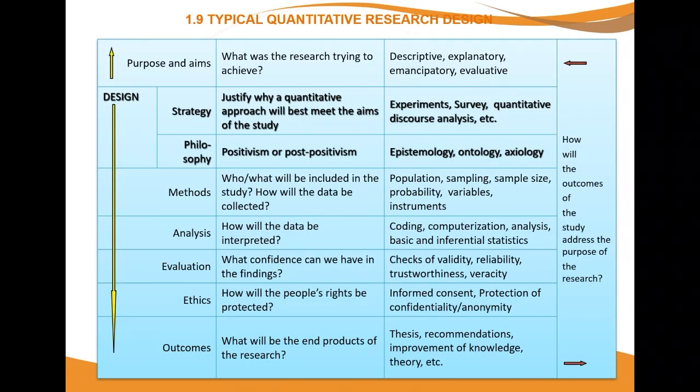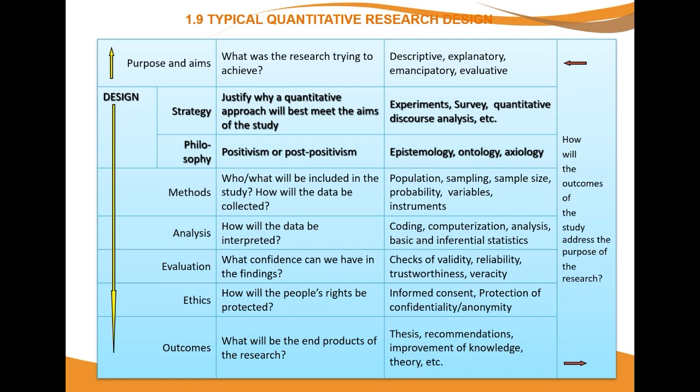So here's a typical quantitative research design, and at this design strategy, it would say which quantitative approach best meets the aim, and your philosophy will be positivism or post-positivism. Your methods will be very straightforward.